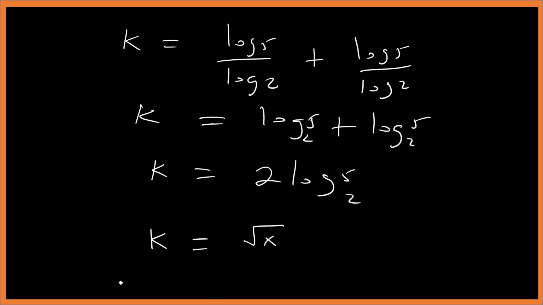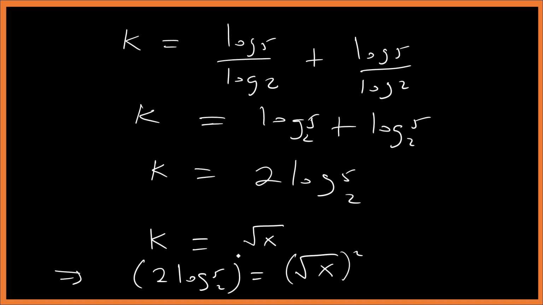So let's plug in k. 2 log 5 to base 2 equals root x. So we can square both sides. Square both sides. This one squared. So x will be 2 log 5 to base 2, all squared.